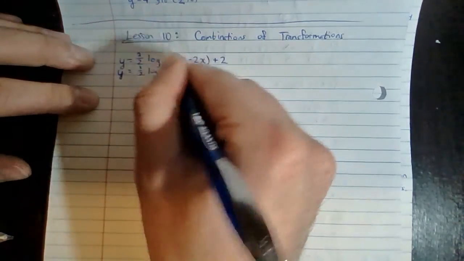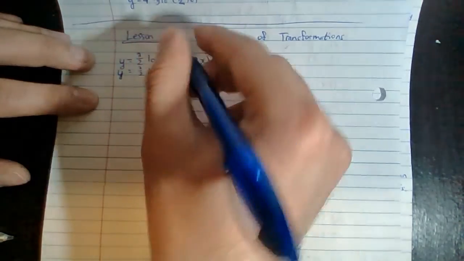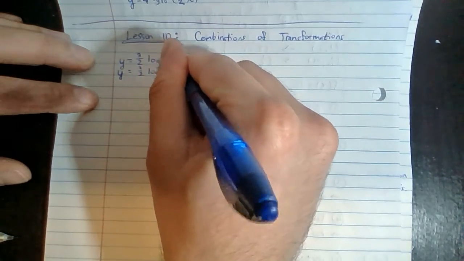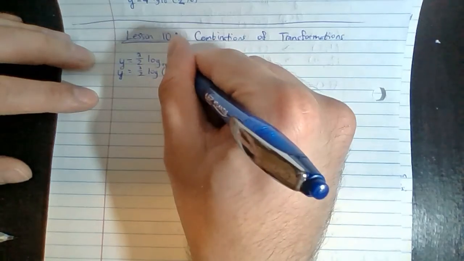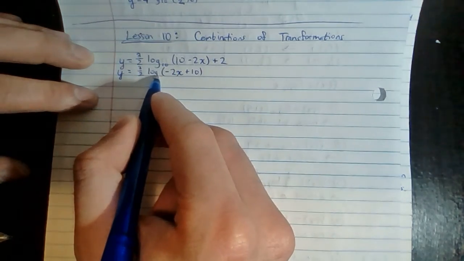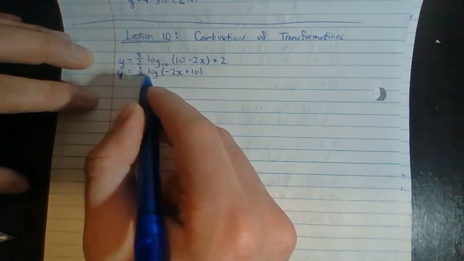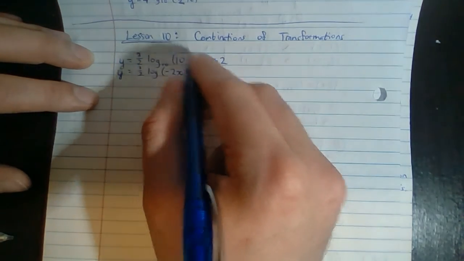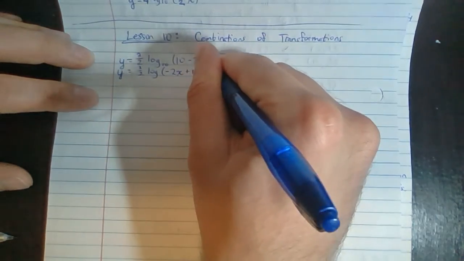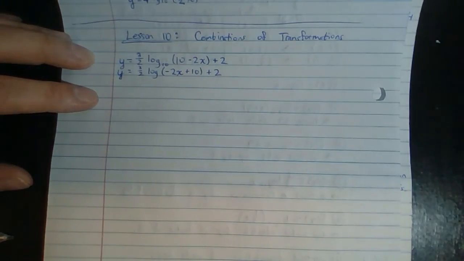I'm not going to write log base 10, just to reinforce the fact that writing no base means log base 10. So again, if you don't see a base to a logarithm, that means we have log base 10. So I've just rewritten 10 minus 2x to give us minus 2x plus 10, plus 2.